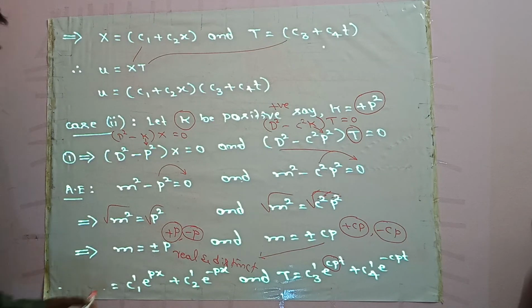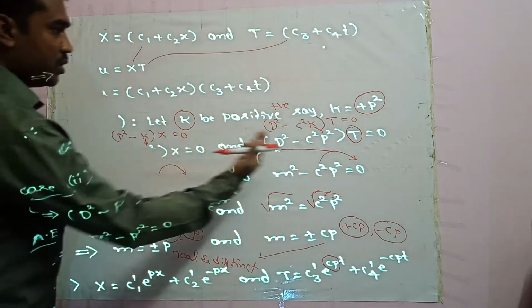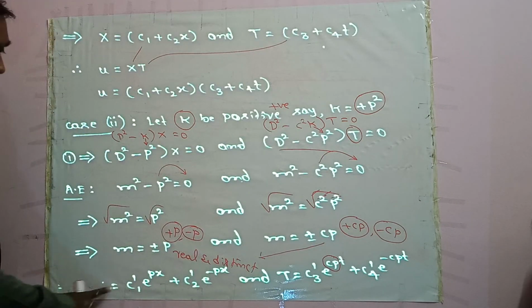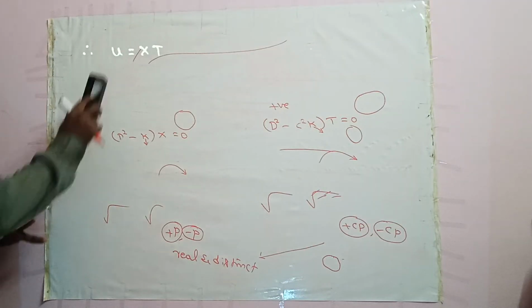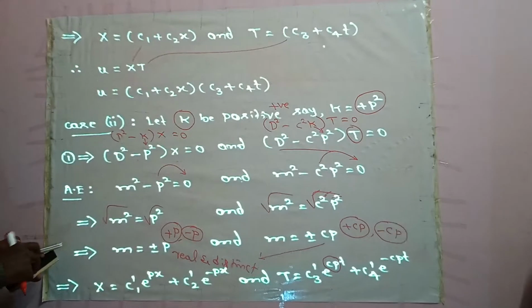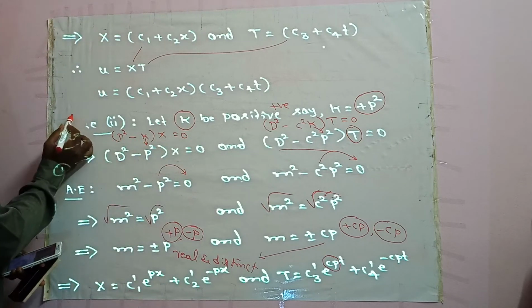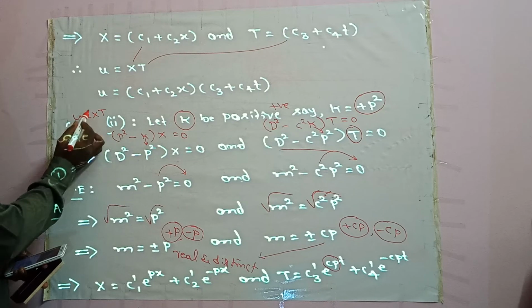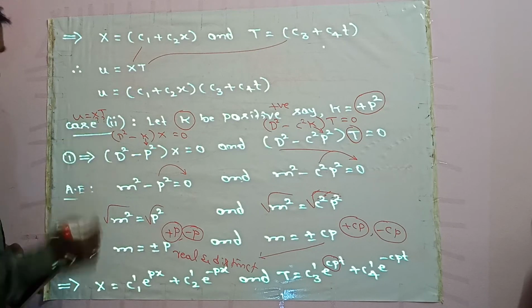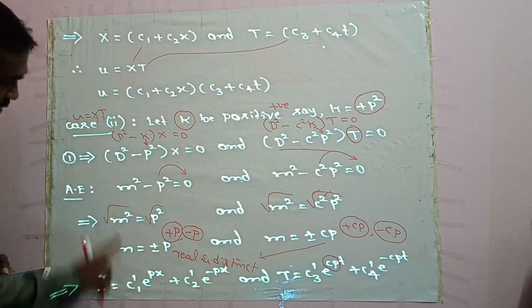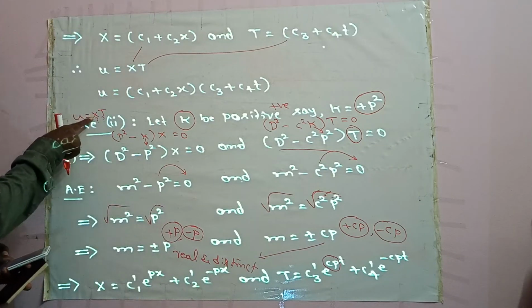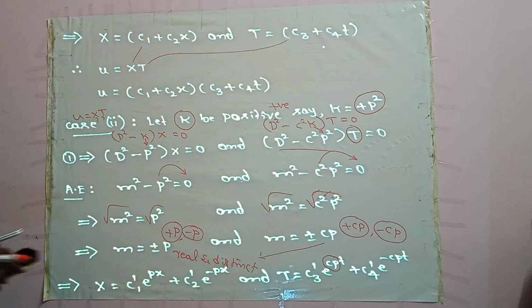So we are done with the solutions of these two differential equations. We got what is x and what is t. Therefore, what is u in this case? We are going to find u is equal to xt in this case. We got the value of x and the value of t. Let us substitute these two in this u.